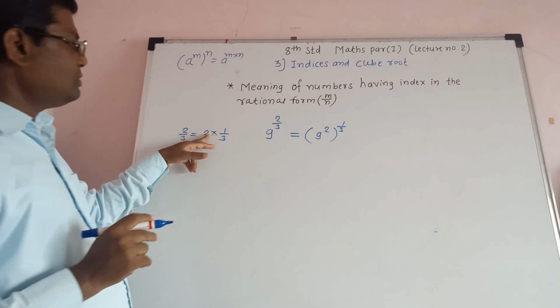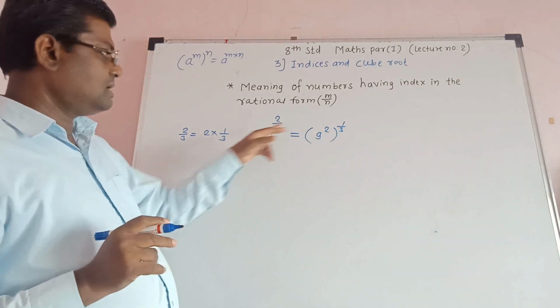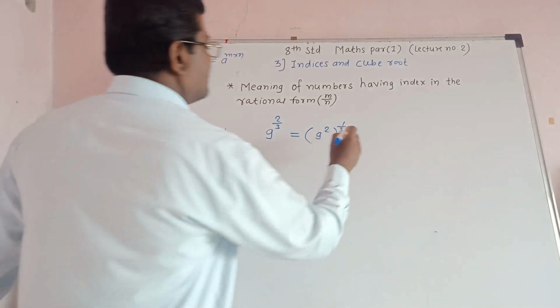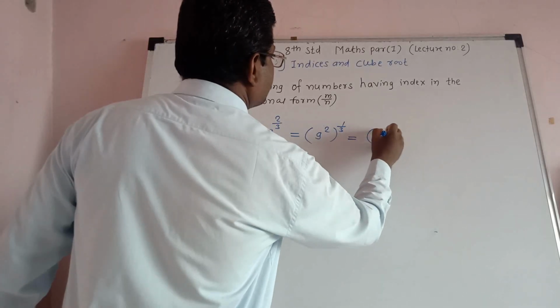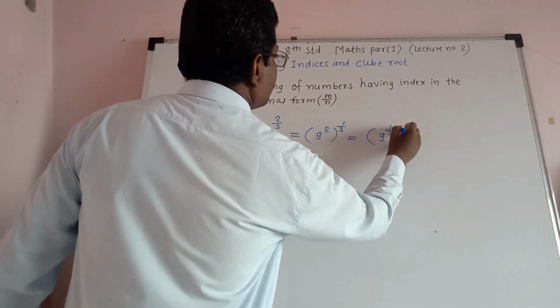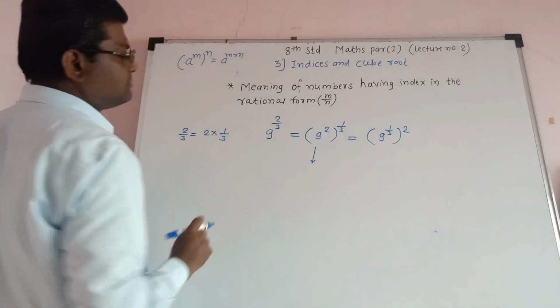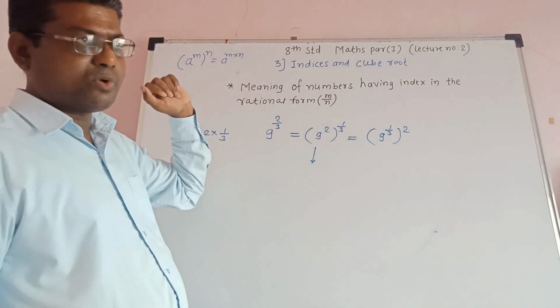Here 2 is taken inside the bracket and 1 upon 3 is taken as the index of that bracket. So we interchange the powers now: 9 raised to 1 upon 3 raised to 2. Now how to read this? 1 upon 3 indicates cube root.